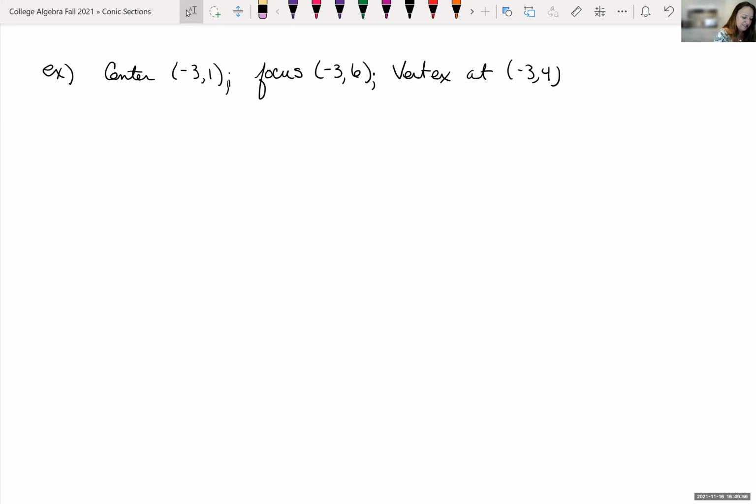And so we have a center at (-3, 1). It's going to the left 3 and up 1. We have a focus at (-3, 6), and we have a vertex at (-3, 4).